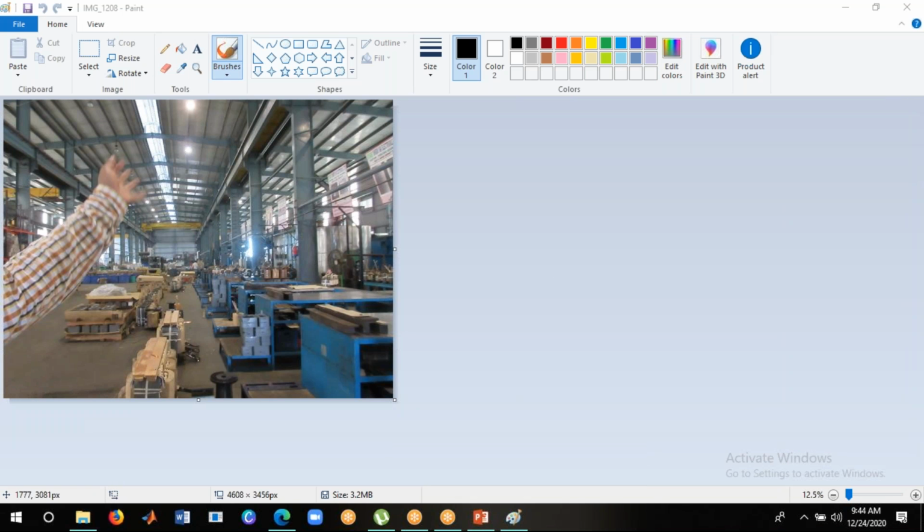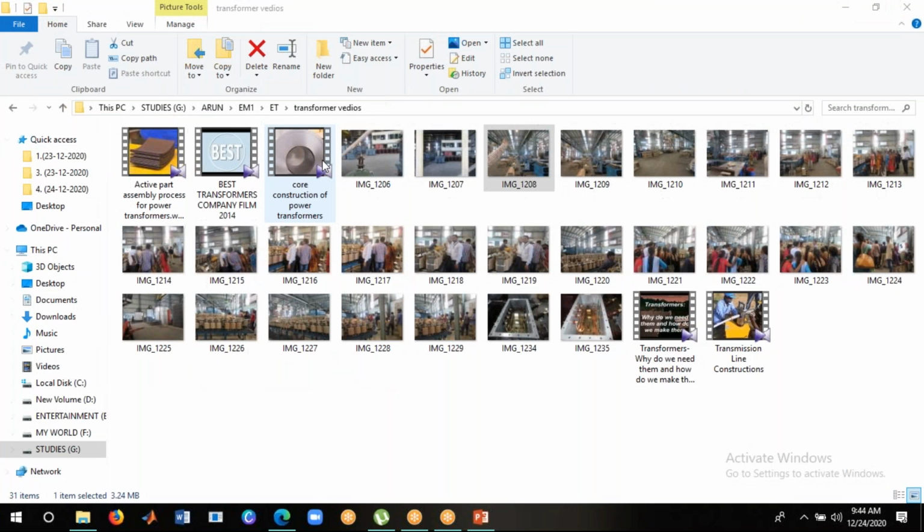So see here, this is the transformer company. You can observe that the brown color is an insulating material they are using here. So I will show you how the core type transformer and shell type transformer should be constructed. Just we have 5 minutes until I can see this video.